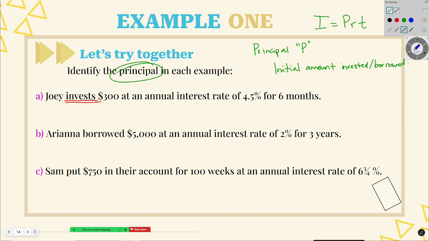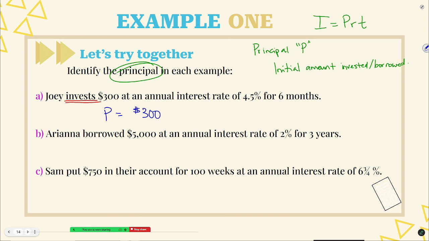That means that our principal is simply the amount that he puts in. He invests $300. That means principal is $300. And that's it. That's all you have to do for principal. You don't need to do any crazy big calculations. You are just identifying that initial amount that has been invested or borrowed.